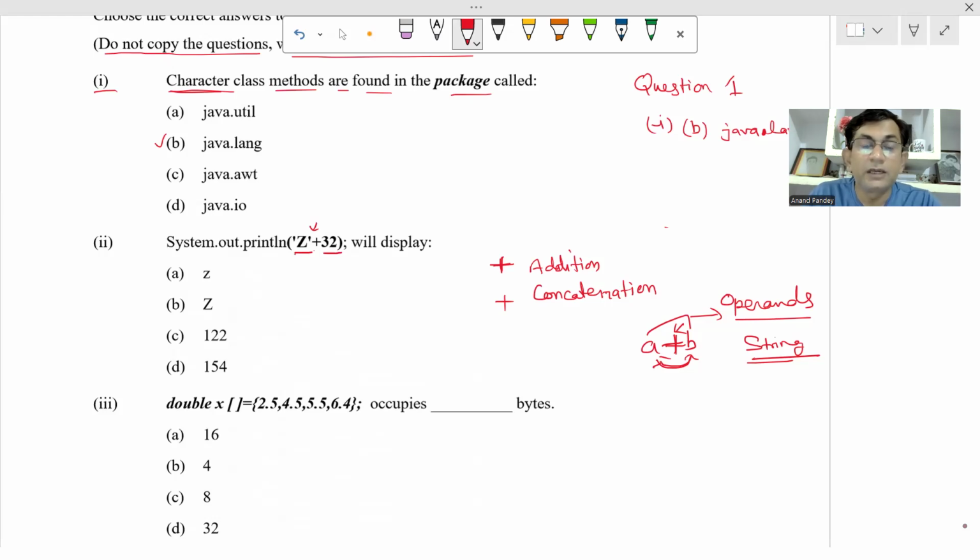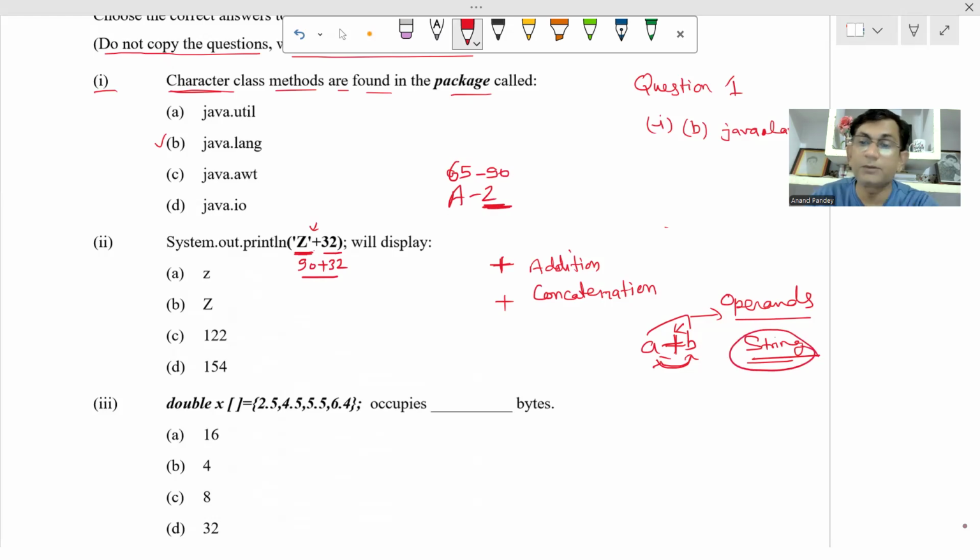The numeric value, the ASCII value of z, which is 90, will be added to 32. You know capital A to Z, the ASCII values we used to say 65 to 90. So 90 plus 32, the values will be added, not concatenated.